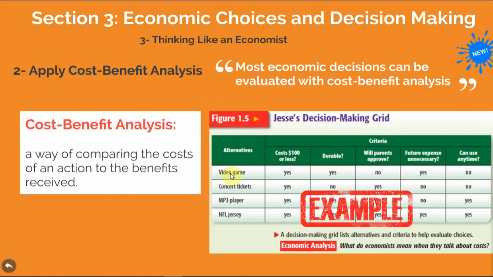So, let's say you have a lot of choices, you don't know what to buy, you have a certain criteria, and you answer those, and from those, you are picking your best choice. That's an example of applying cost benefit analysis.